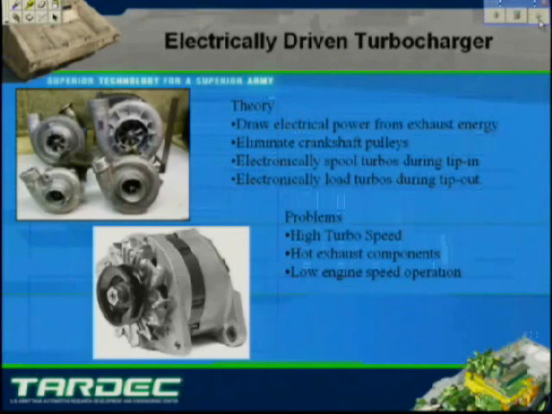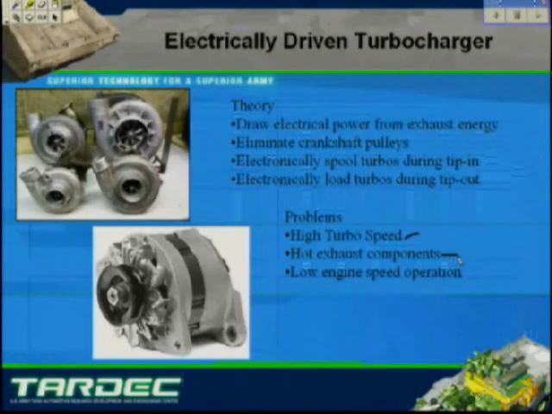Some of the problems with this design is you have high turbo speed, which turbos generally operate between 20,000 and 120,000 RPM, which is a high frequency, which could create a lot of electrical noise if you have some type of alternator connected to that. Also, if the alternator components are close to the turbine, it's very hot right there, generally in the neighborhood of 1,500 to 2,000 degrees Celsius.